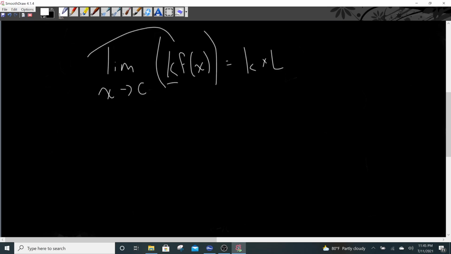But the limit as x approaches c of some constant, can't use c because we already used that, but k times f of x, that's just going to be k times L if we use our limit notation. That's just saying that you can quote unquote factor out constants in our limits, and that's pretty intuitive.